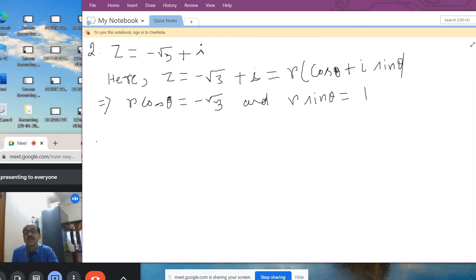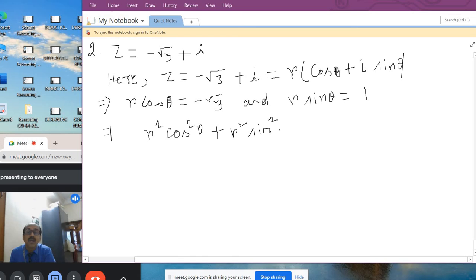Now squaring and adding: r square cos square theta plus r square sin square theta equals 4.